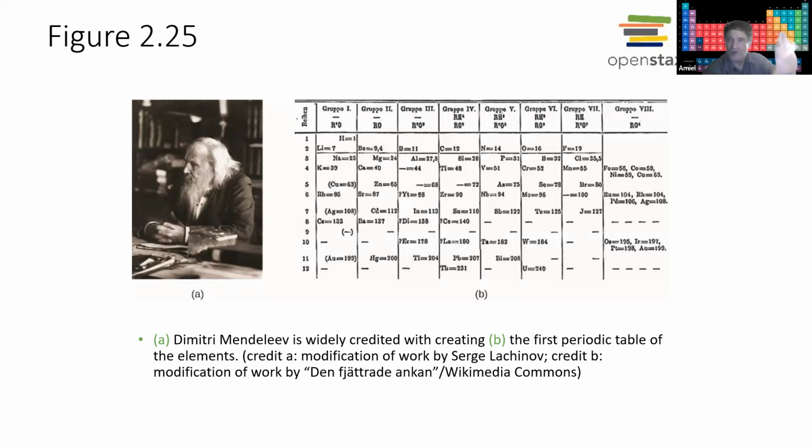Based on his arrangement, he knew that there should be an element germanium beneath silicon, and germanium was discovered in Germany shortly after he predicted it to exist. So he is remembered as the father of the periodic table. Keeping it short and simple here.